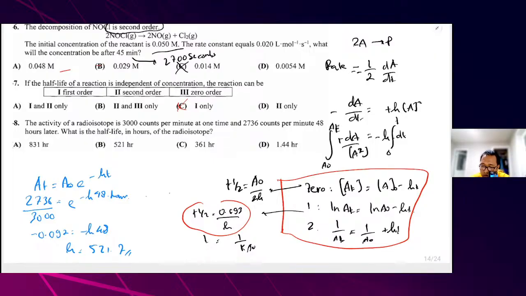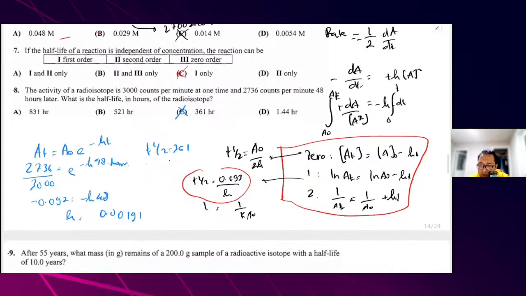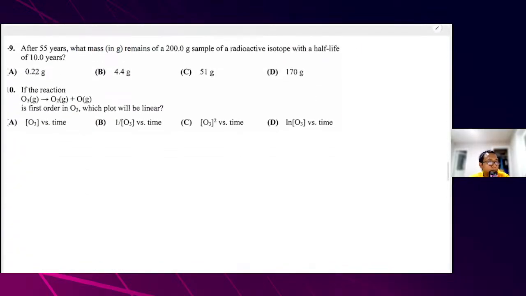Oh, sorry, 0.00191. Then 0.693 divided by k, so it should be the t half. It should be 361 hours. So this one is the answer. Okay, good.